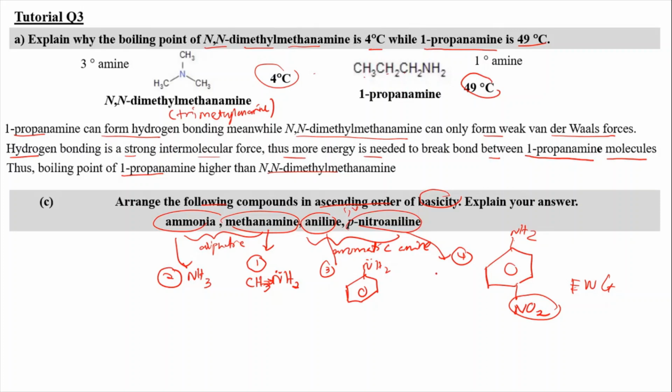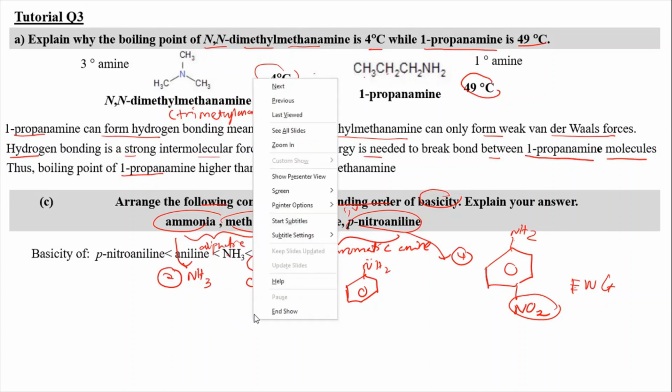So the basicity of p-nitroaniline is lesser than aniline, lesser than ammonia, and the highest is methylamine.